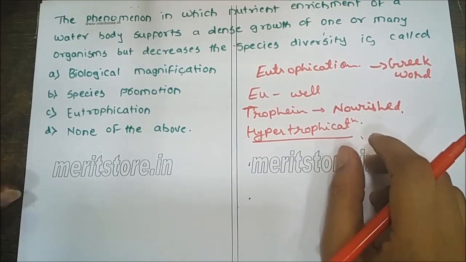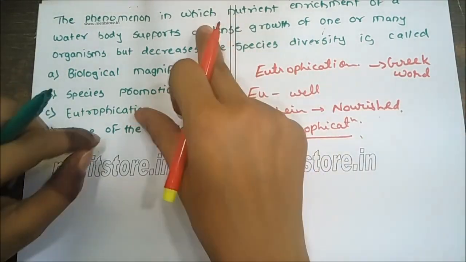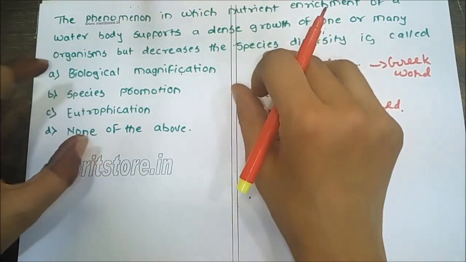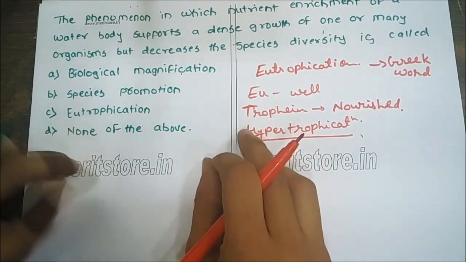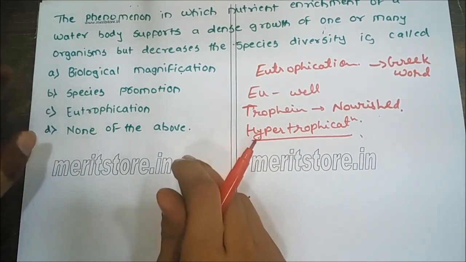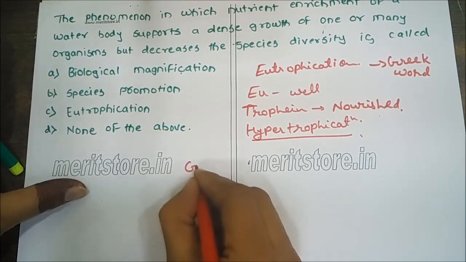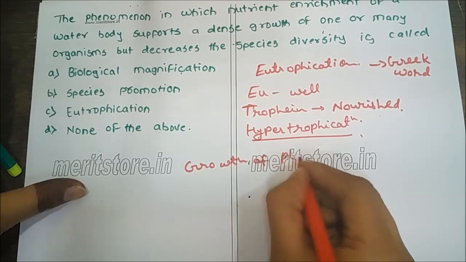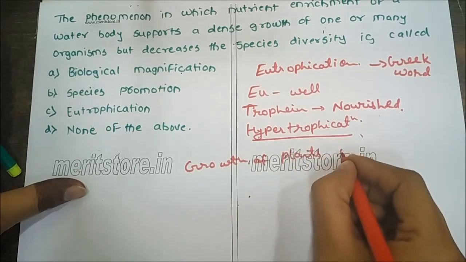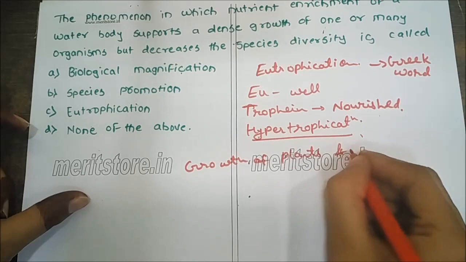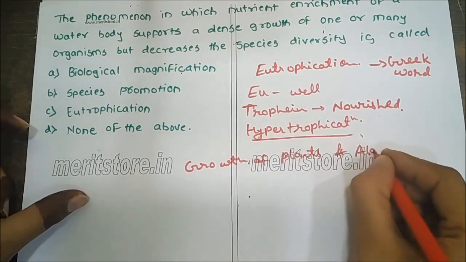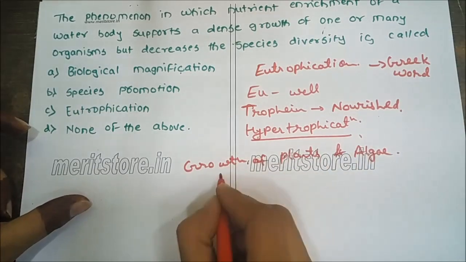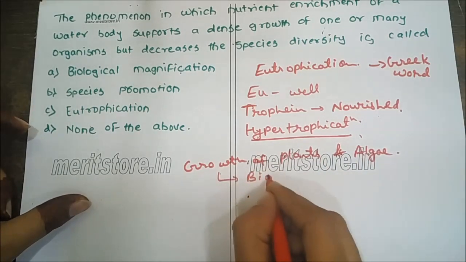Hypertrophication is the enrichment of a water body with nutrients, usually in excess amounts. This process will induce the growth of plants or animals, meaning algae, fungus, microorganisms, due to the increase of biomass.